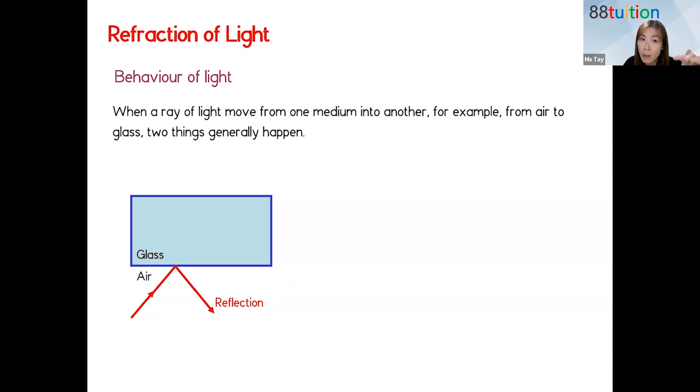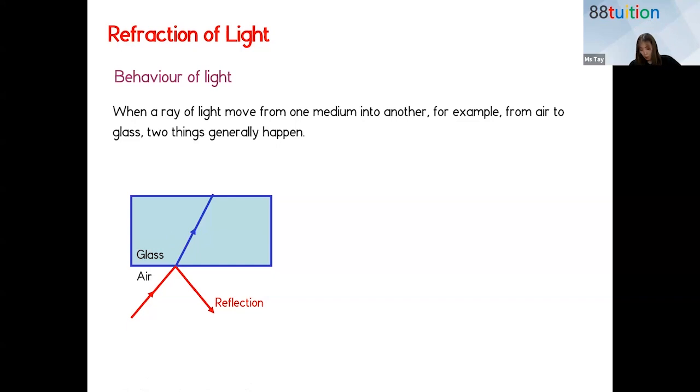The surface allows light to pass through. Just now I mentioned this, right? So other than just reflection, the light ray can also go through the glass, okay, because it's transparent. But can you see that it's not moving in a straight line? By right, you would expect, you know, the light ray will travel in a straight line, isn't it? But it didn't. Instead, okay, it actually moved towards the normal.